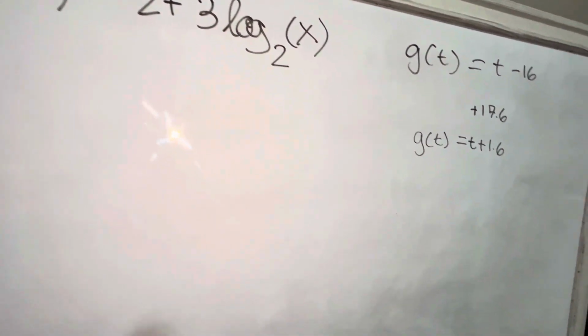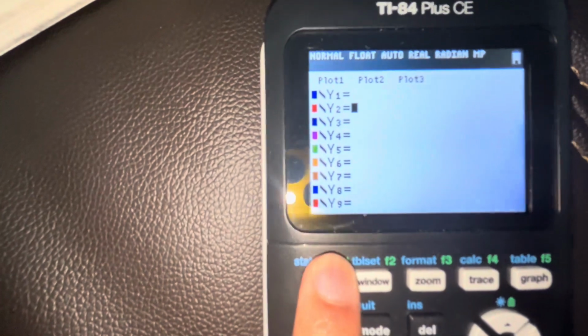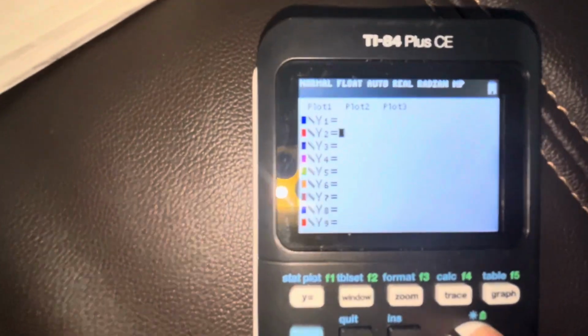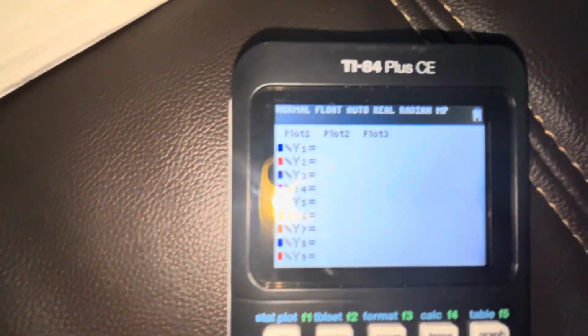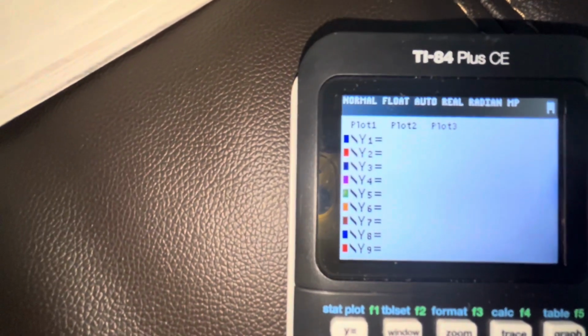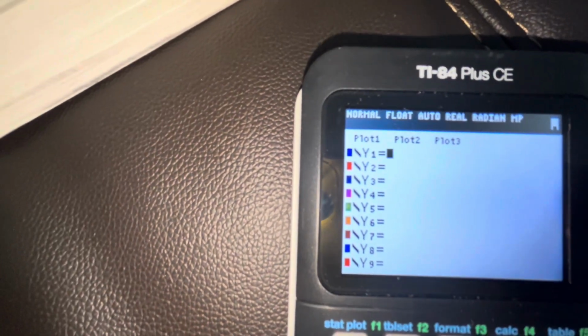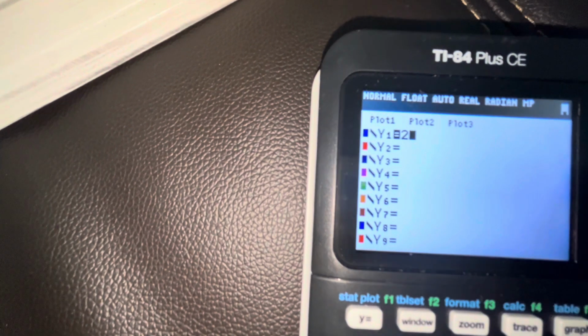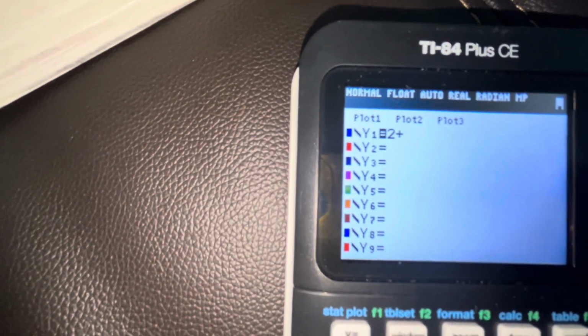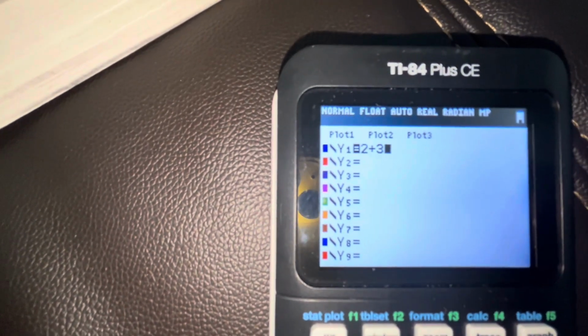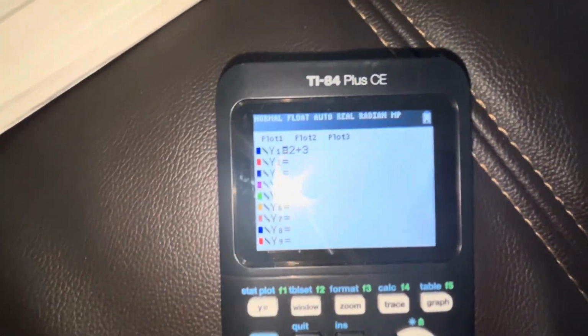So that's where you're going to have to use your graphing calculator. So you're going to press y equals right over here in order to get to this setting. You're going to go to y1 and you're going to put in your f of t. So your f of t is 2 plus 3 log base 2 of x. But because some people don't know how to do the log base, I'll show you.